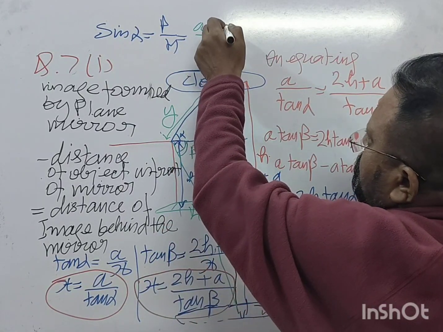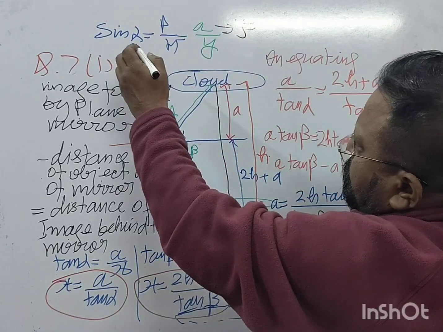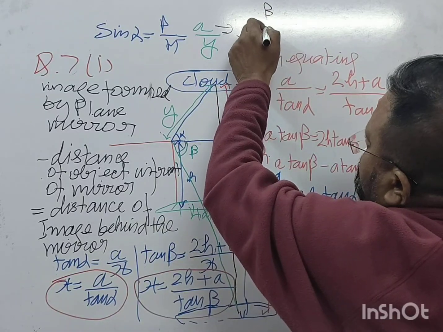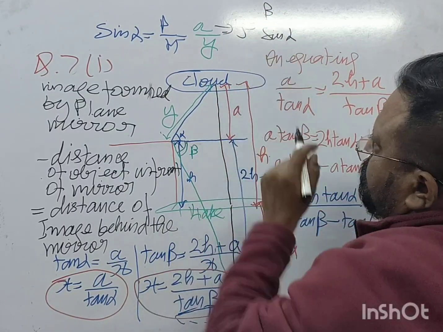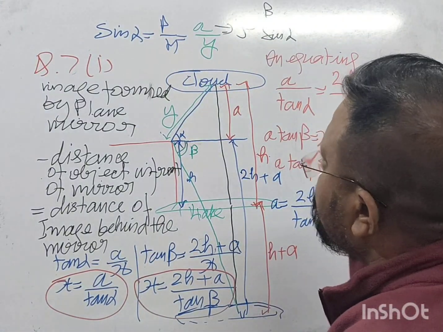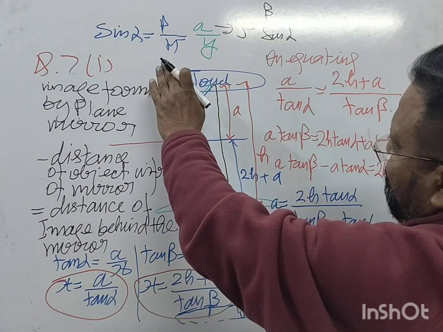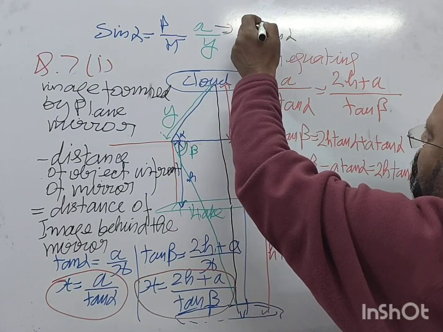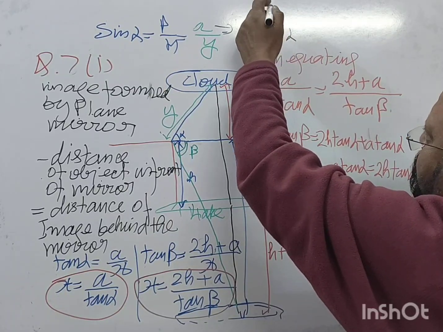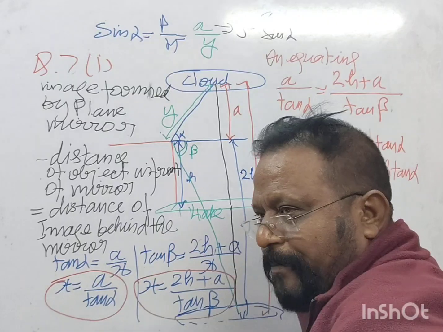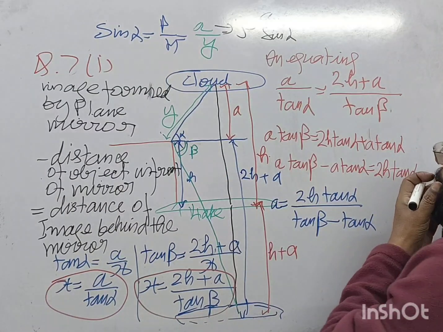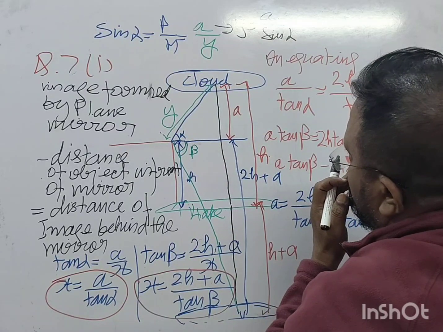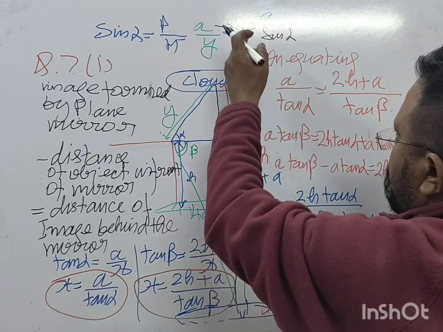Sorry, perpendicular was A upon y, so it becomes y is equal to A upon sine alpha.